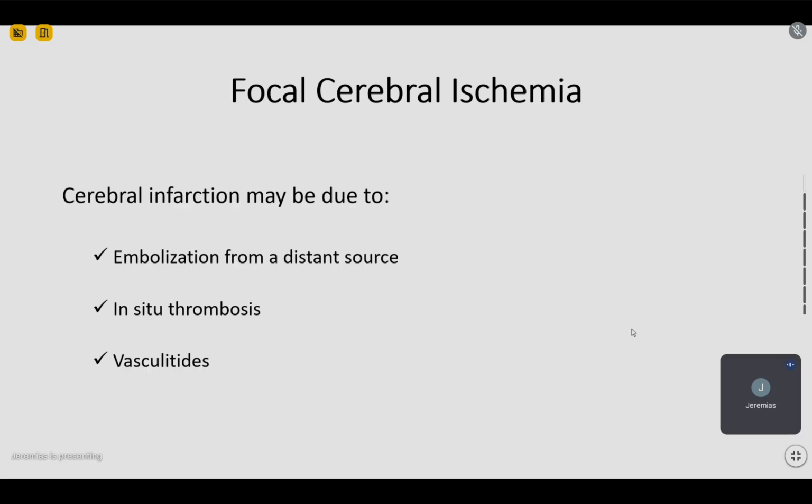So embolism to the brain can occur from a variety of sources. Cardiac mural thrombi are among the most common culprits, and myocardial infarct, valvular diseases, and atrial fibrillation are important predisposing factors.